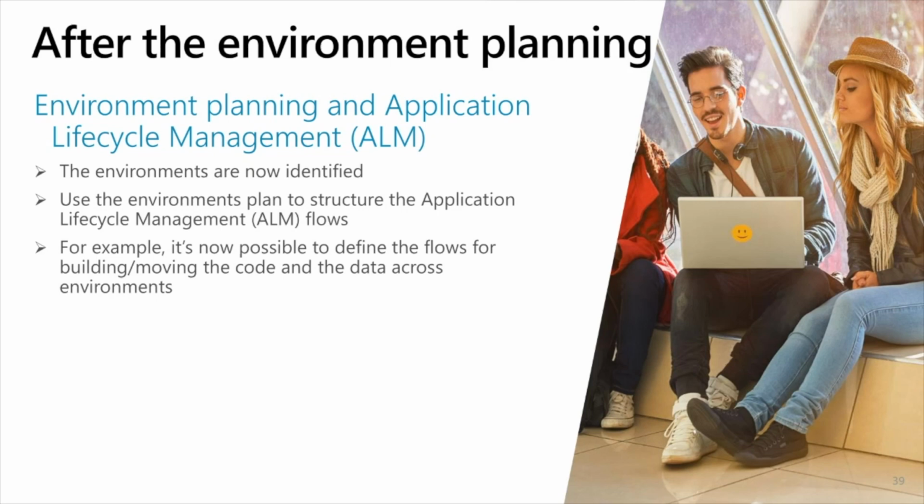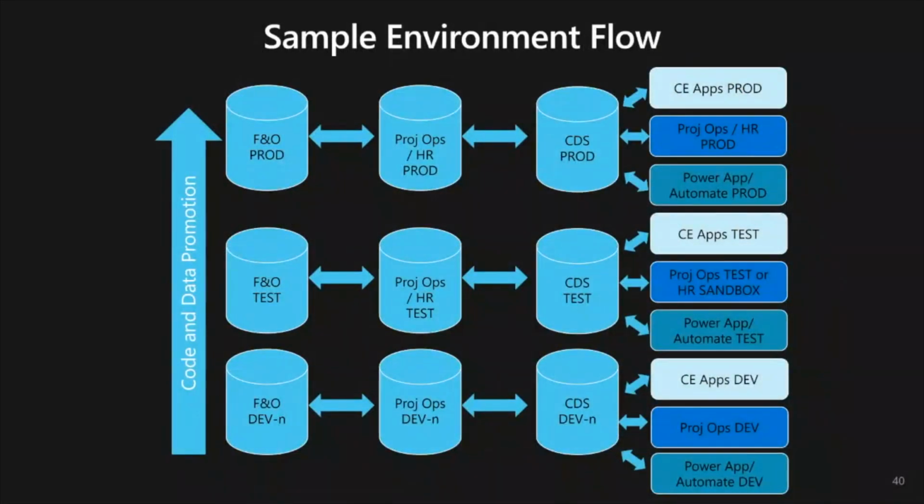And you're going to want to make sure that you're considering both your code movement between your environments and your data movement between your environments. So I've put together a graphic that is a very simple sample environment flow. Obviously, when you consider your environment flow, you're probably going to have more arrows and more details in it, depending on how many code branches you have.